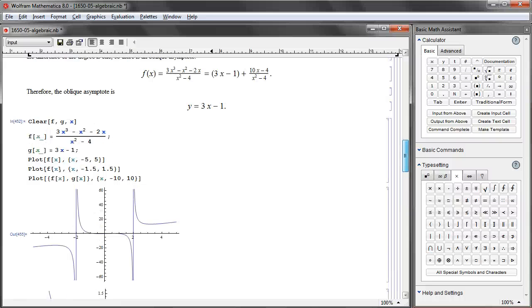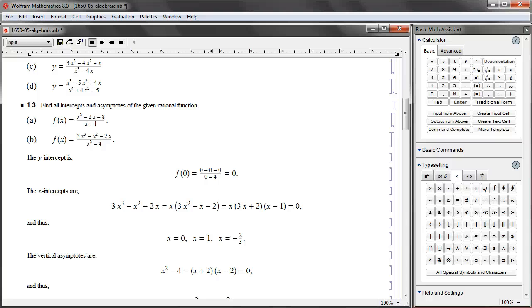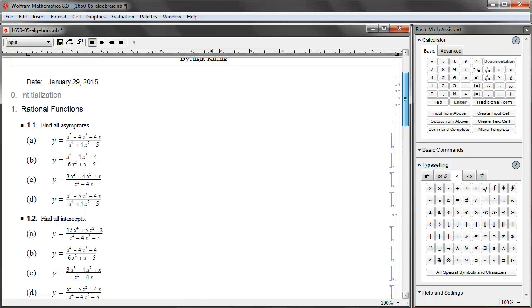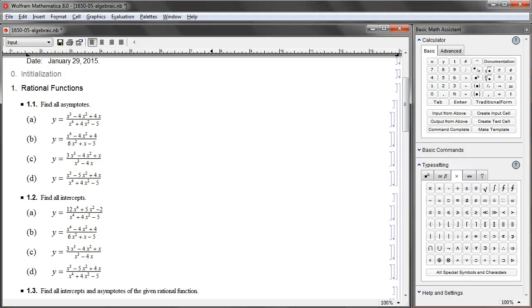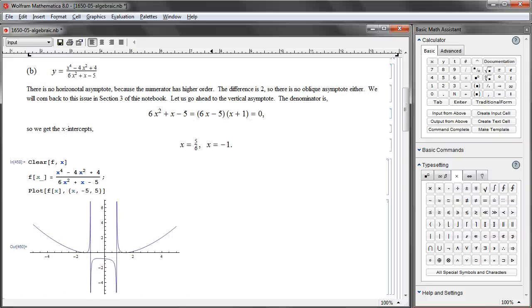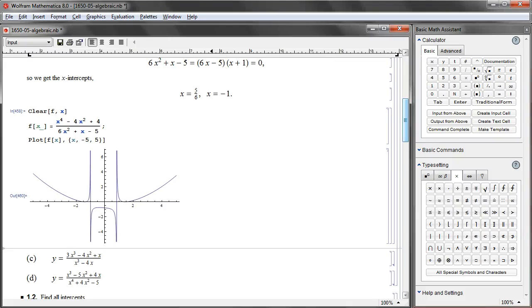It may be a little bit too advanced, but the asymptote does not always have to be a linear function or a line. For example, if you go over to this 1.1b, like that, then in this case, let's see.